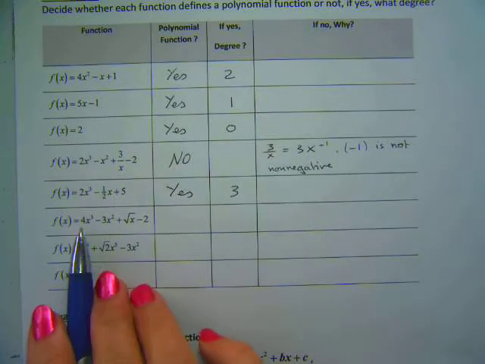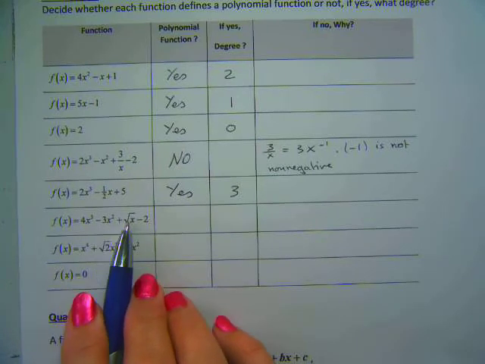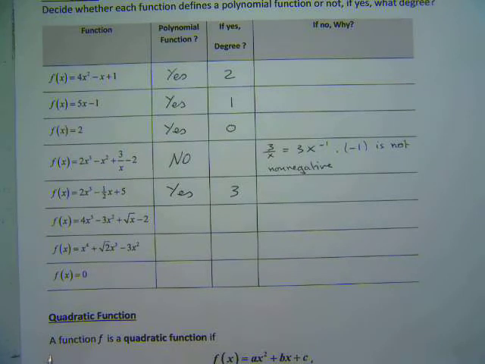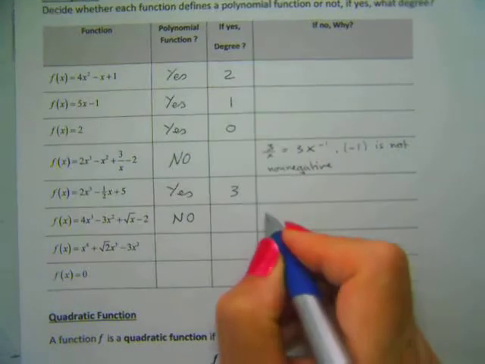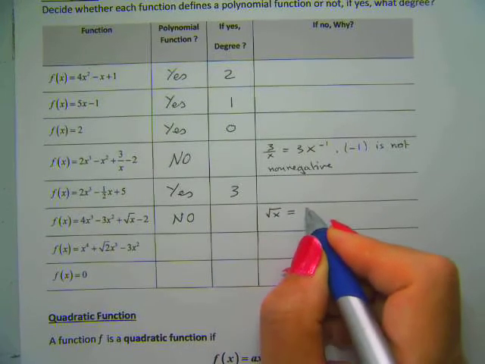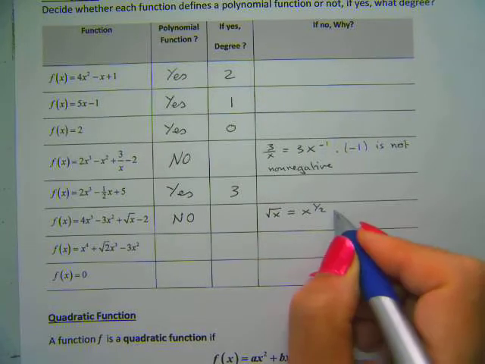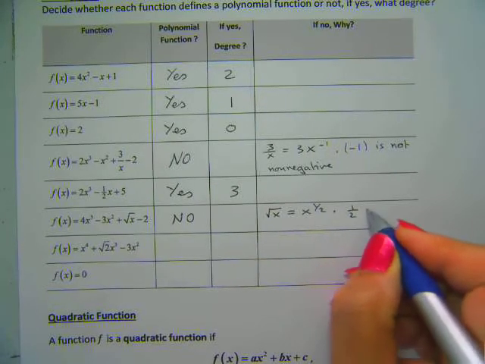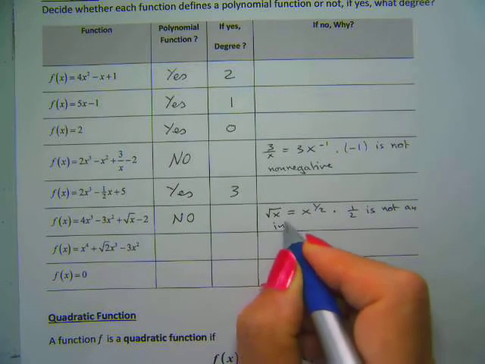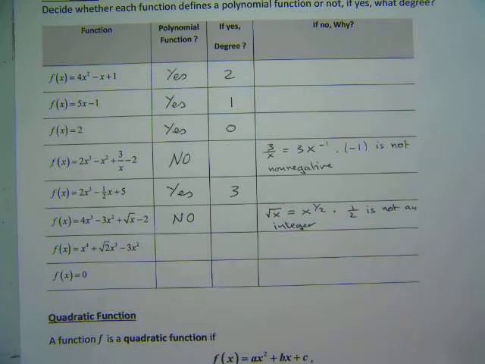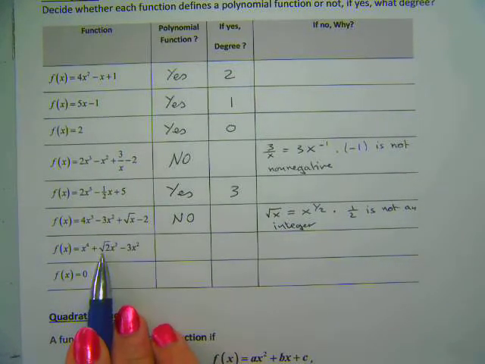How about this one? I have x to the third, I have x squared, and the square root of x. Think with me. It's a no. How come? Because the square root of x is the same as x to the 1/2 power, and 1/2 is not an integer. We have to have a non-negative integer. How about this? I have a square root of 2 here.